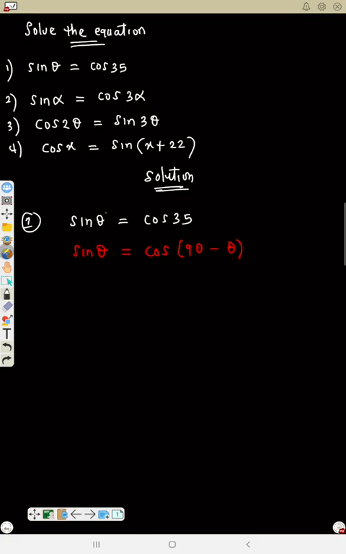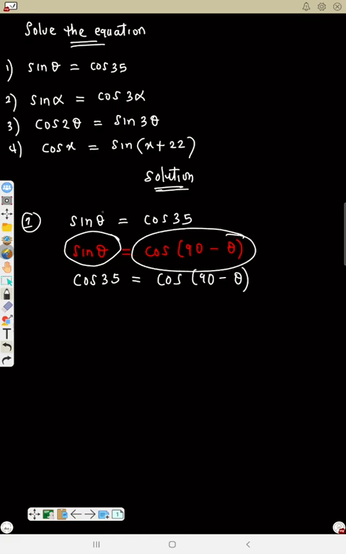So that means instead of writing sine theta now, you will write cos 35 is equal to cos 90 minus theta. Remember, sine theta is cos 90 minus theta, and our sine theta here is cos 35.